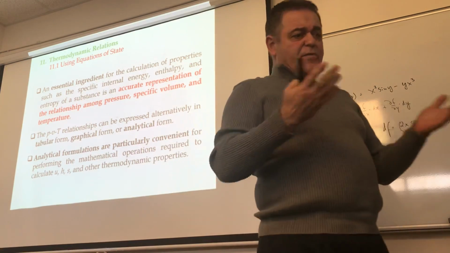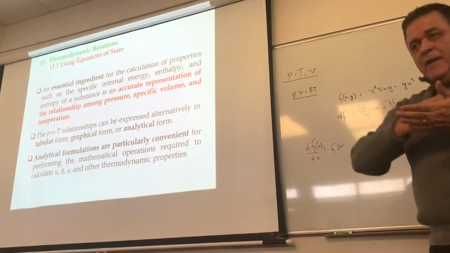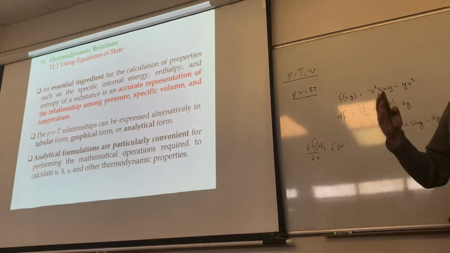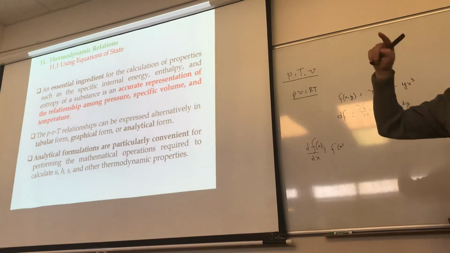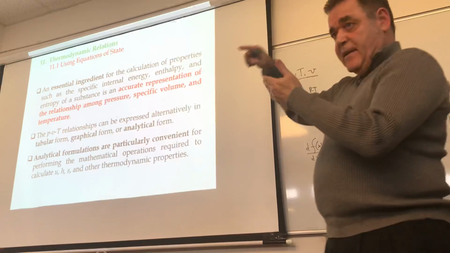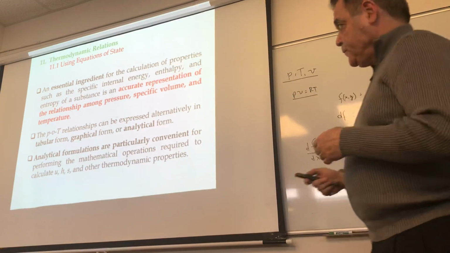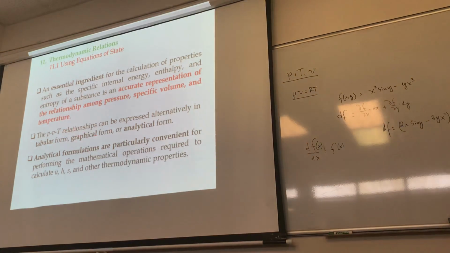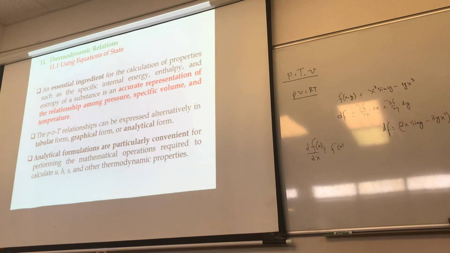With continuous functions, I can take derivatives, I can evaluate things at any point that I want, whereas discrete ones are only defined at very discrete points. So a PVT relationship can be expressed in tabular, graphical, or analytical form, but analytical ones are the convenient ones that we are seeking. That's why people were seeking to find a relationship among pressure, temperature, and volume for a long time.